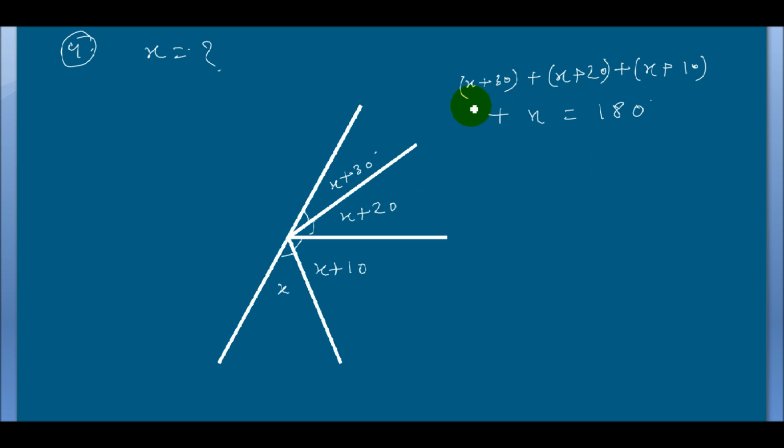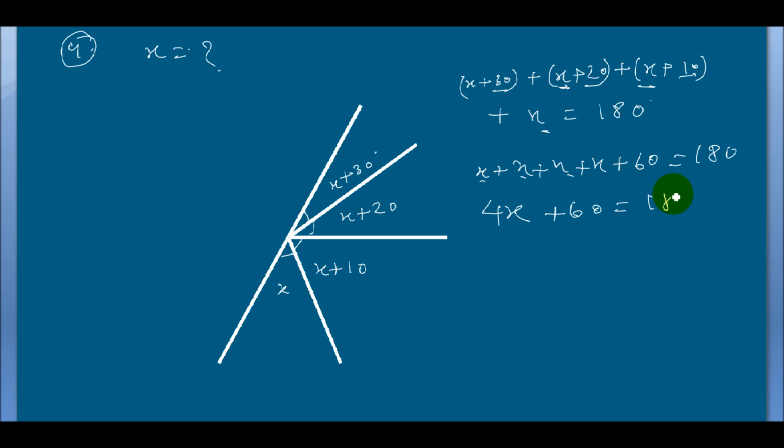You write all the x at once: x plus x plus x plus x, that is 4x. Plus 30, 20 is 50, 10 is 60, that is 60 degrees. So 4x plus 60 equals 180 degrees.